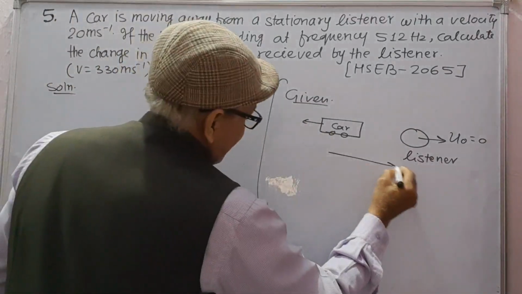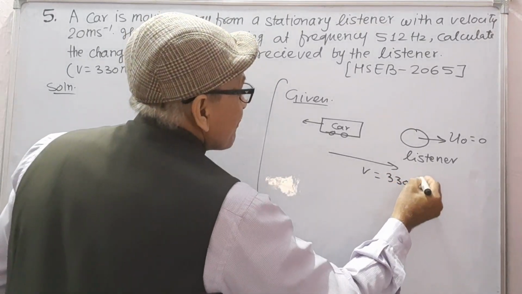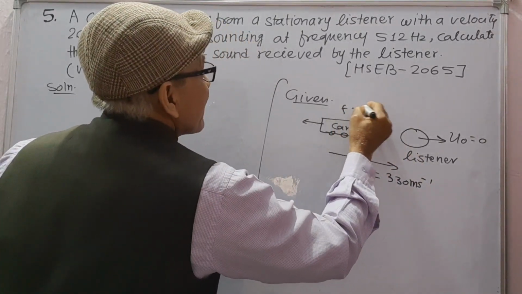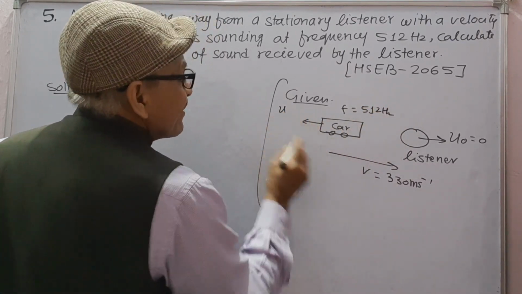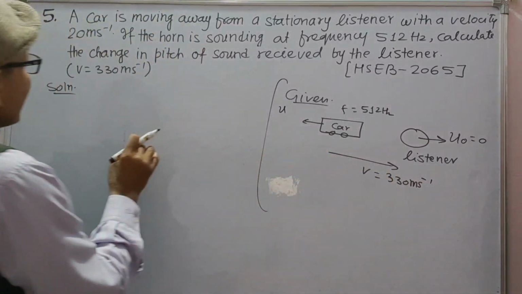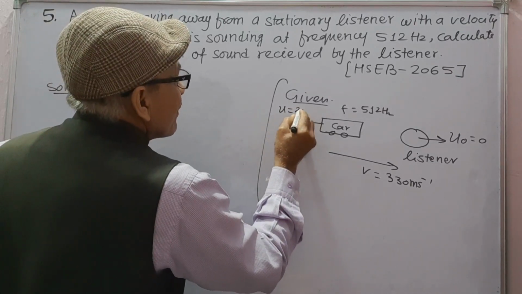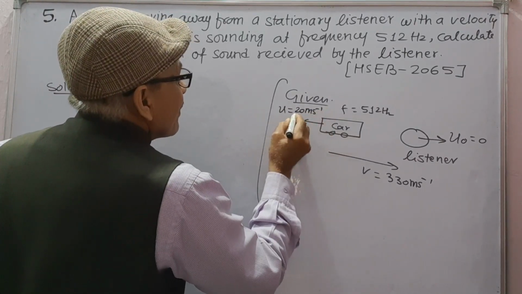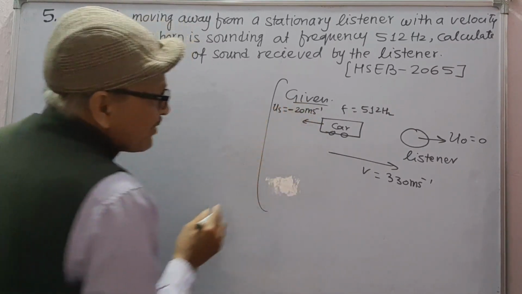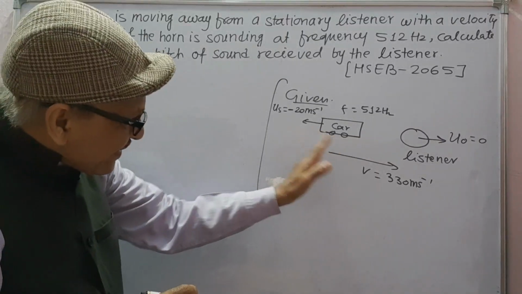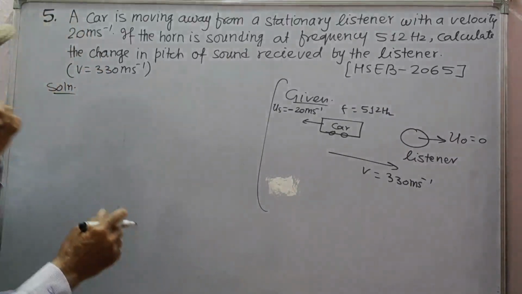So the sound will be coming towards this side. Velocity is 330 meter per second. Frequency is 512 hertz. And US will be equal to minus 20 meter per second, because this is opposite to the direction of the velocity of sound coming towards the listener.